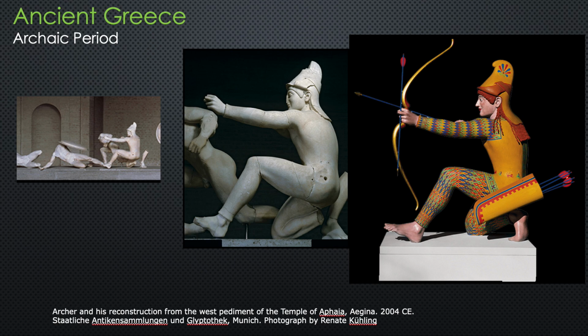Another one of the figures from Aphaia is the archer. He's great also. And I like to include this just because I have this figure of a reconstructed polychrome version of him. A lot of scholars, I think the majority, believe that all of these figures were originally painted in bright colors.